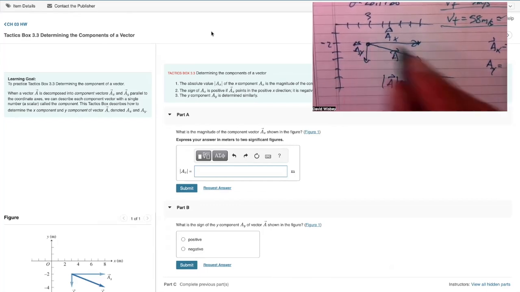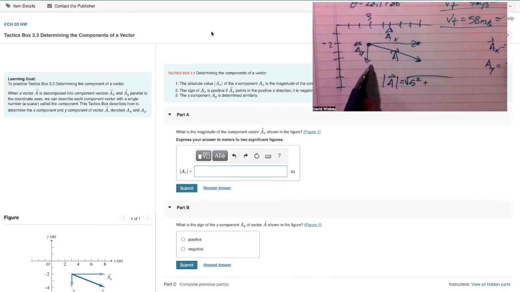The x component, the length is 5, so it's going to be 5 squared, plus the length of this, it's -2, but when I square it, the negative goes away. So I'm going to have 25 plus 2 squared, that's 4, and I'm going to take the square root of that. So that's going to be the square root of 29.